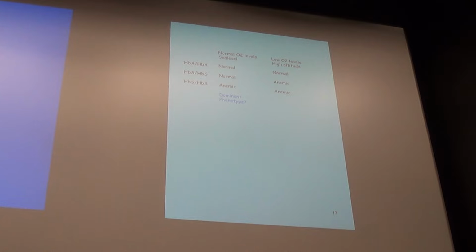Okay? So this is at the level of the individual. Now let's go to the level of the cell. We're going to look at the cell. What do the cells look like from individuals who are homozygous normal, homozygous sickle cell, and then heterozygous?